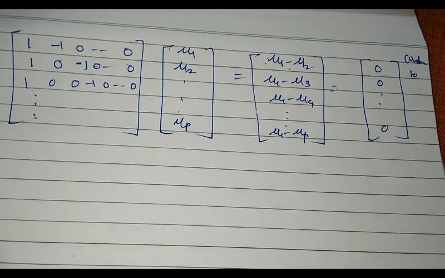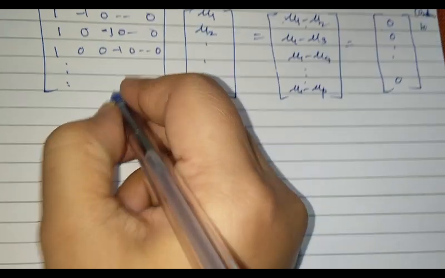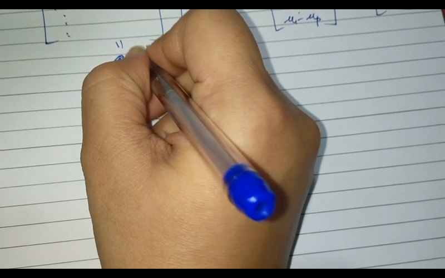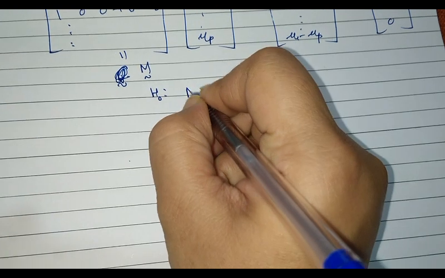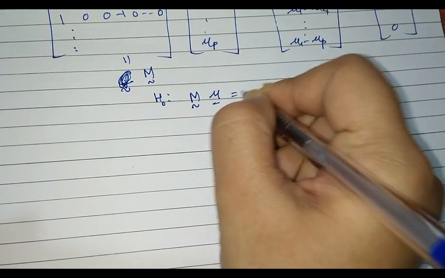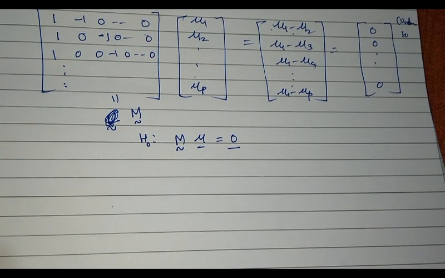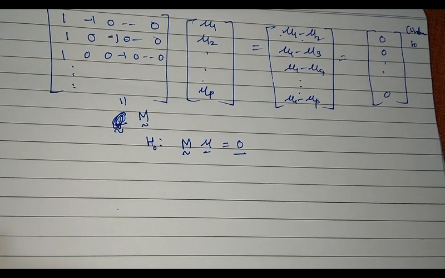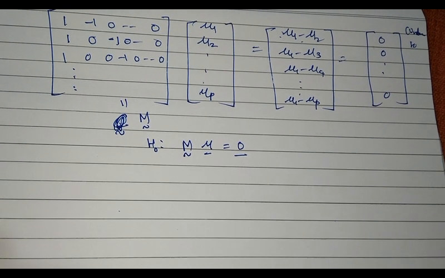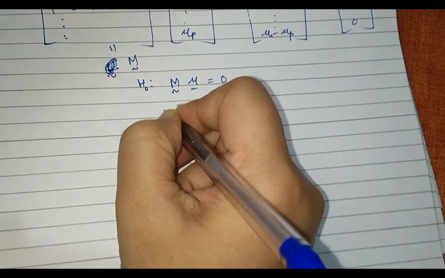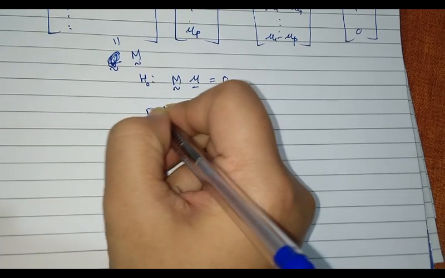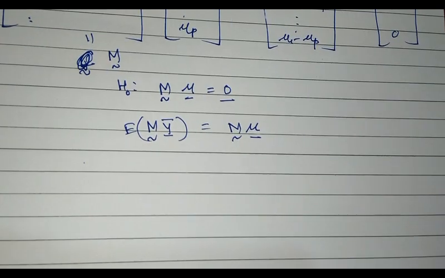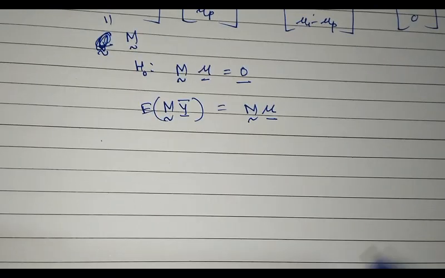Okay, so this matrix I can call as C. So my H, no, let me call as M, because I already have a C. So my H0 becomes M mu equal to 0. Instead of mu equal to 0, my H0 is M mu equal to 0. So I have to come up with some U which would have mean M mu. And isn't it obvious? We know that M y bar will have mean M mu. Right? Expectation of M y bar will be M mu.